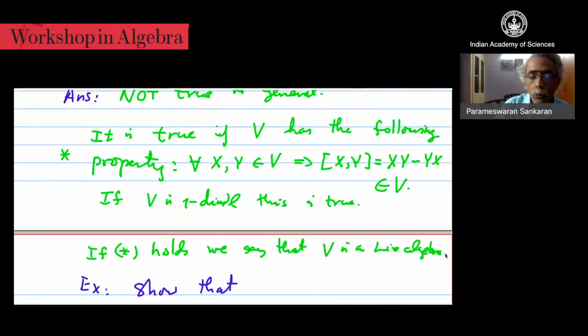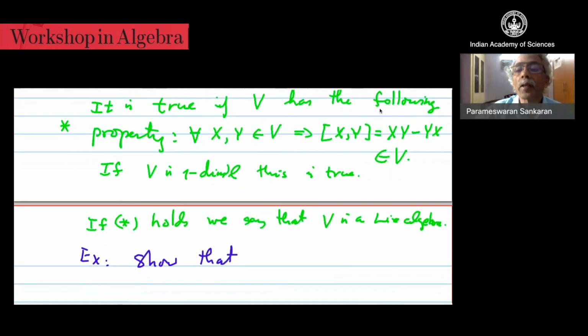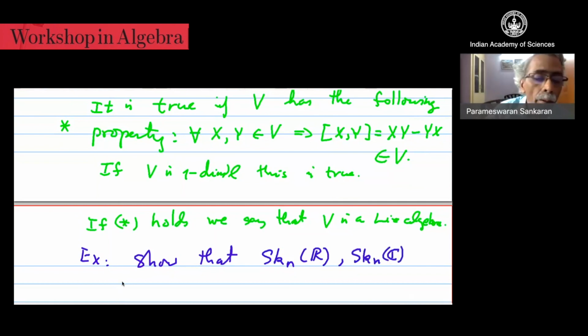So I'm going to give one exercise for you to try. It's a very nice exercise. Show that the notation I already introduced, Qn(R) and also Qn(C), and M0n(R), M0n(C), are Lie algebras.